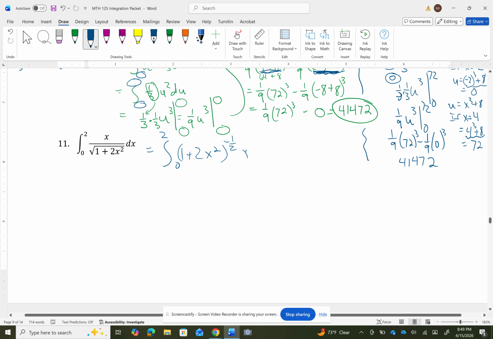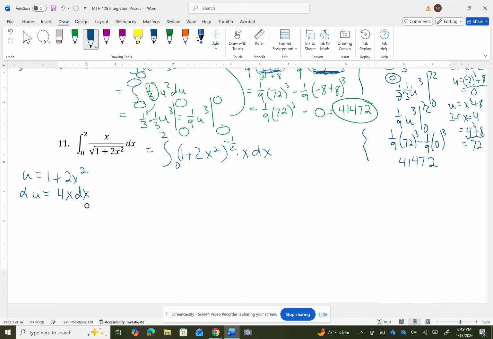I'm going to move that x off to the side rather than being up on top like it was. And then I'm going to think about how I'm going to let u equal the 1 plus 2x squared. Then du would equal 0 plus 4x dx if I went ahead and wrote it in differential form.